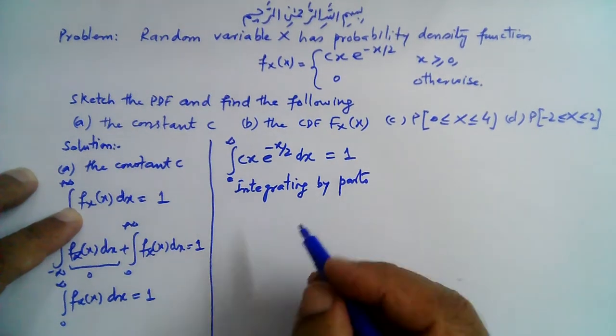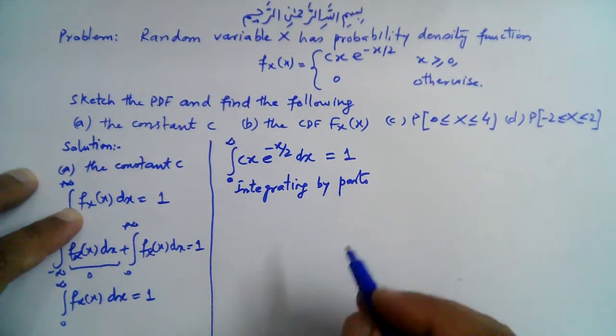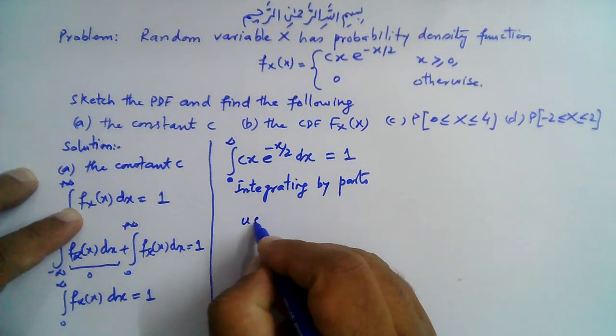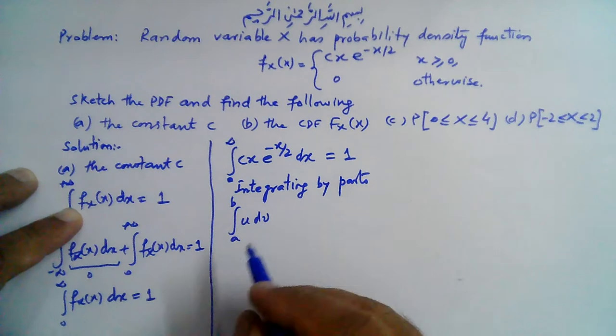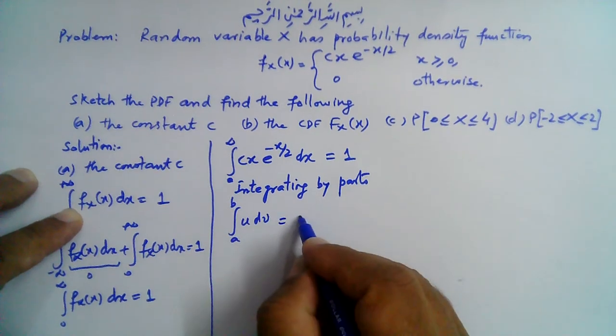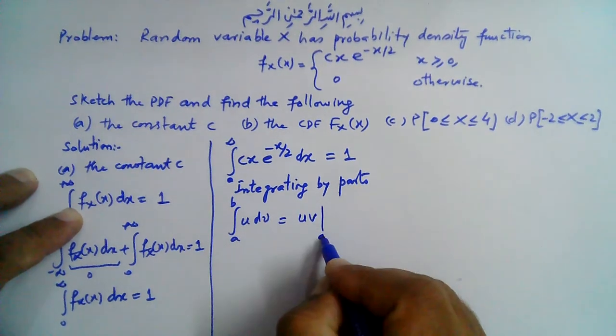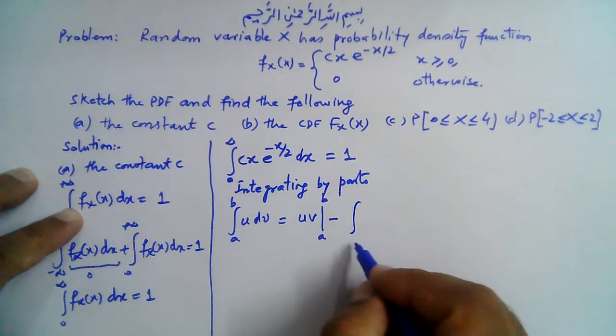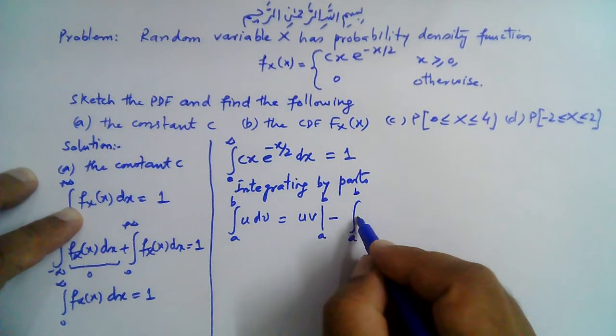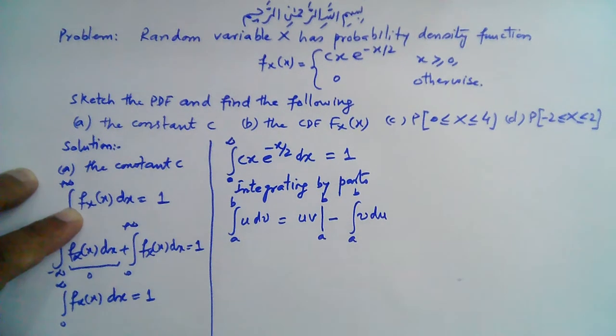For example, we know that integral of type u dv with limits a to b can be written as uv with limits a to b minus limits a to b v du, right?